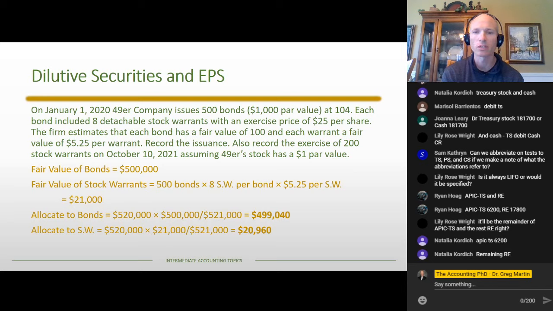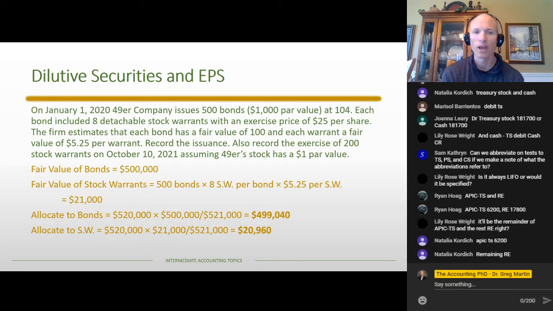If you notice, in both cases, while we might have estimated a fair value for the bonds and the stock warrants, ultimately that is not what we assigned to each of those accounts. As soon as we have these two numbers, the $499,040 and the $20,960, we now ignore the fair values that we previously used. They're no longer relevant to what we're doing.